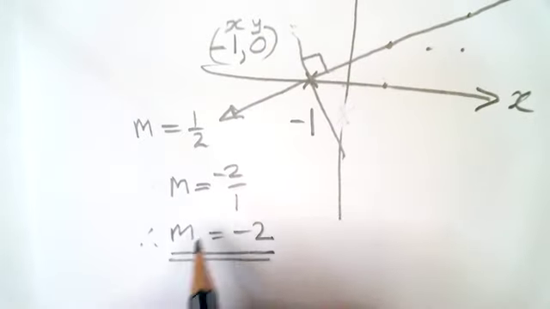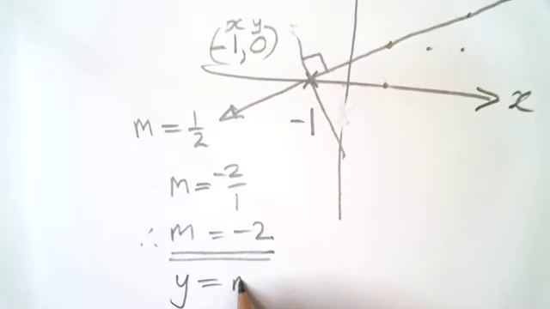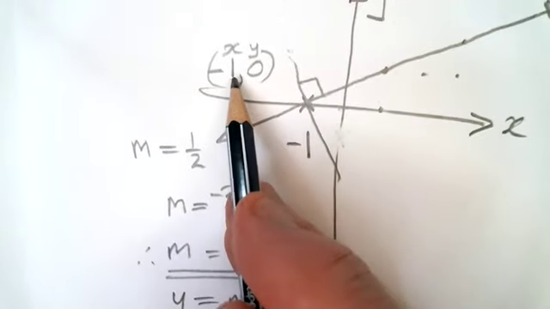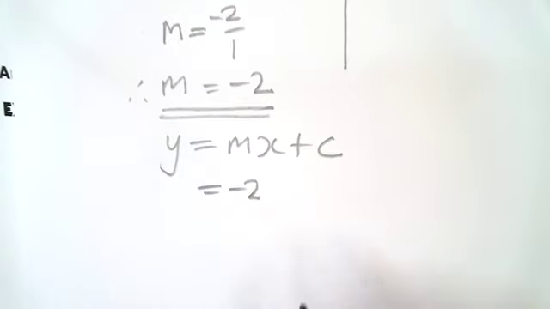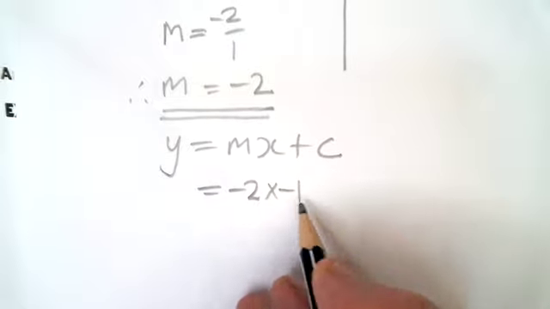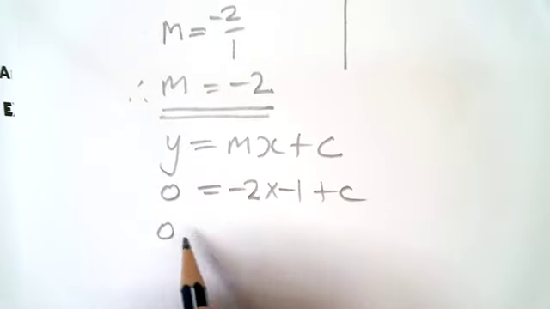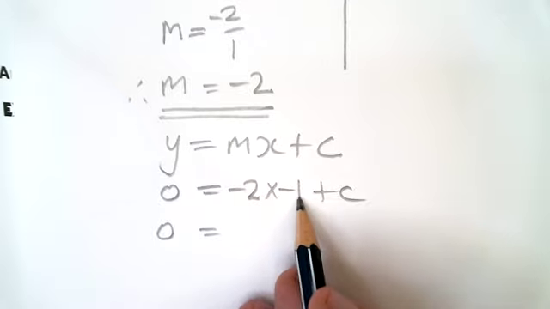So let's go ahead and put that in. We've got y equals mx plus c. The gradient is going to be negative 2, so I put my negative 2 in there. I've got an x value of negative 1 and a y value of 0. So 0 equals negative 2 times negative 1 plus c.